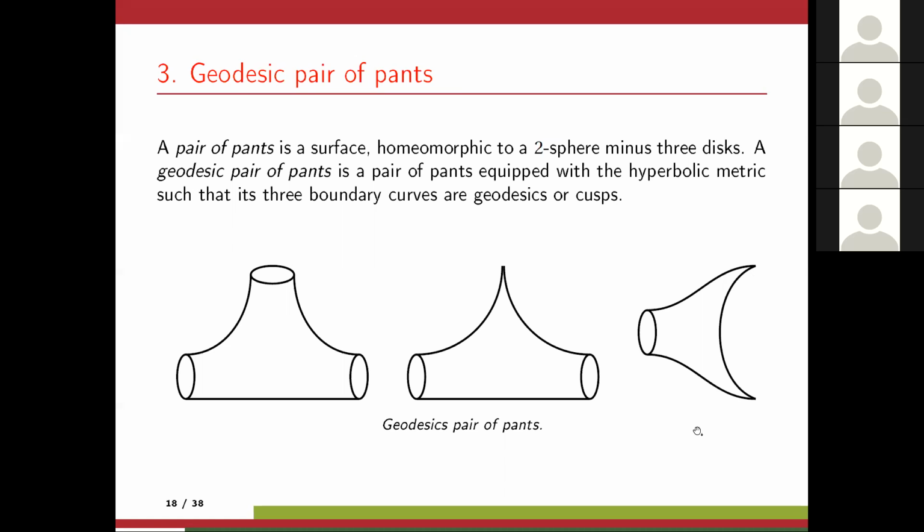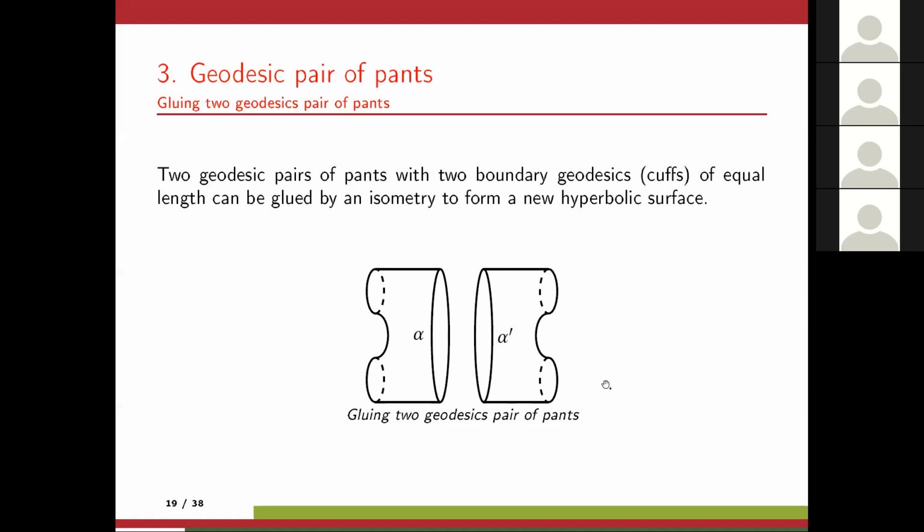Now, when we have 2 pairs of pants, we can use an isometry to glue them. Imagine we have 2 geodesic pairs of pants, and each one of them has a geodesic in its boundary. This one has a geodesic in its boundary, and this one has a geodesic in its boundary.